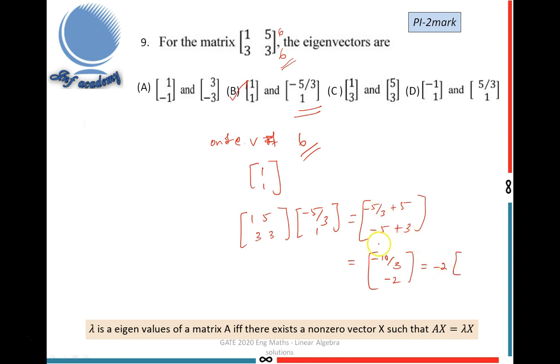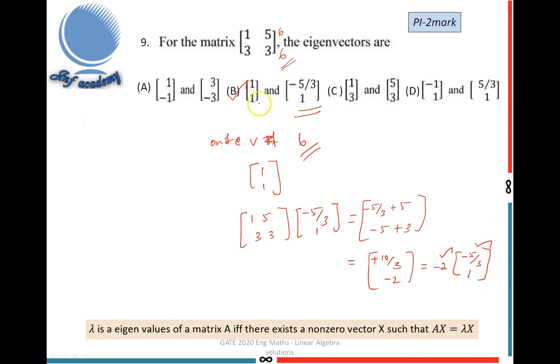We get 10 by 3 and 10 by 3, with minus 2 taken outside, so we get minus 5 by 3 and 1. So another eigenvalue is minus 2 and another eigenvector is minus 5 by 3, 1.